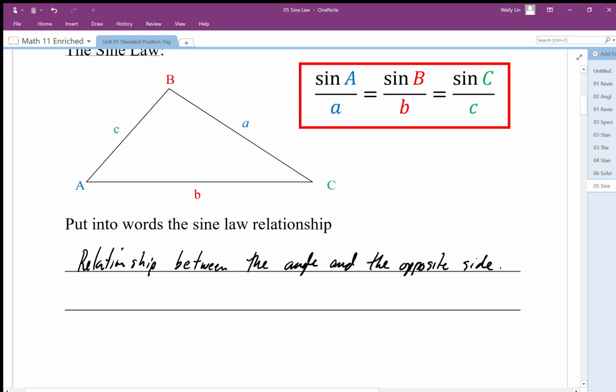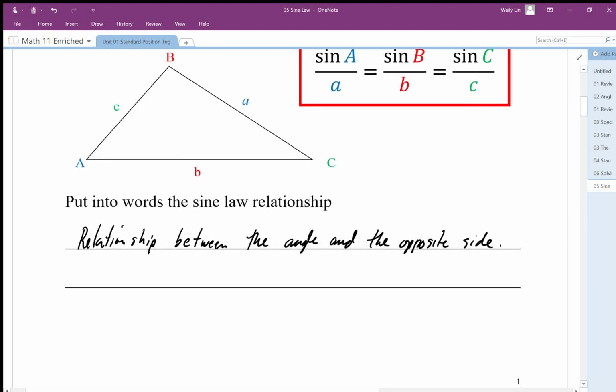Basically, what we're going to say is that as the angle changes, the length of the side changes. And this relationship is a ratio: the sine of the angle and the opposite side is proportional.